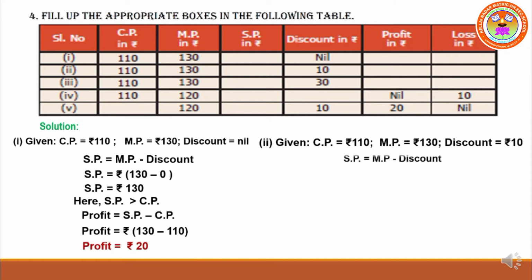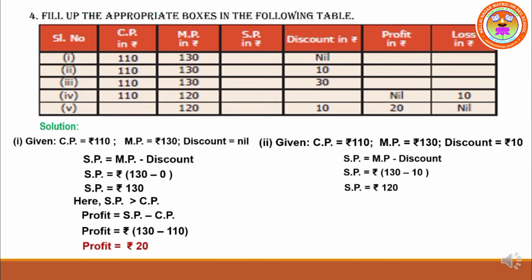So SP is equal to MP minus discount. That is the formula. MP is 130 minus discount, that is 10. On subtracting these two values, what will I get? 120 rupees as the SP value.